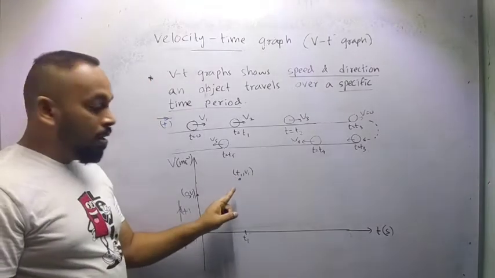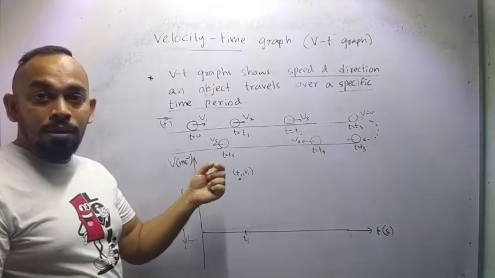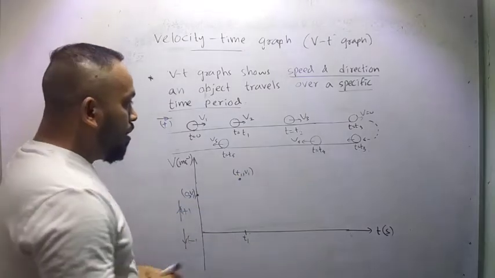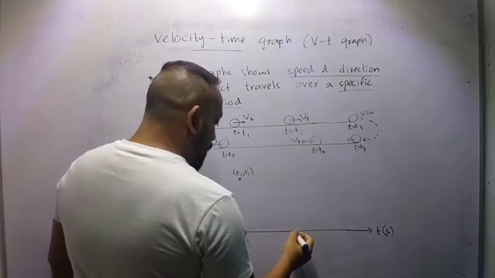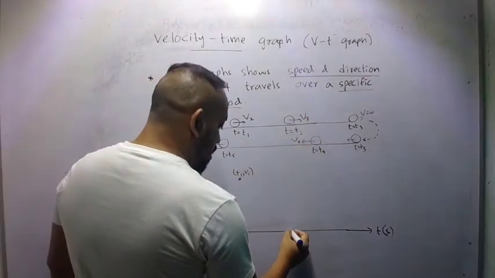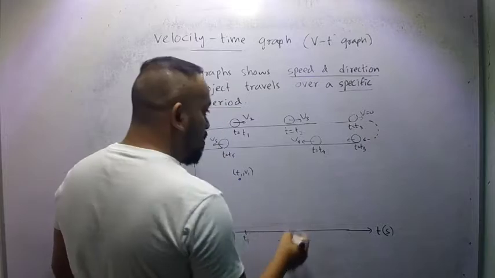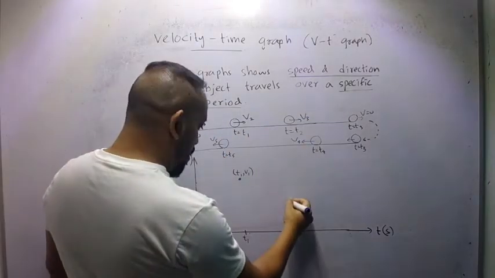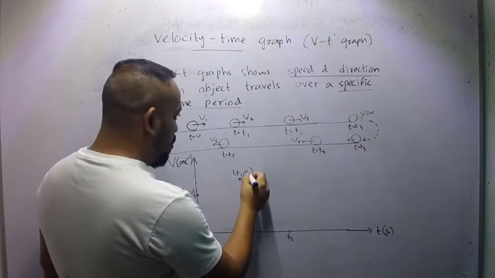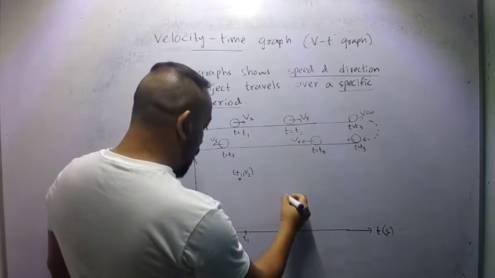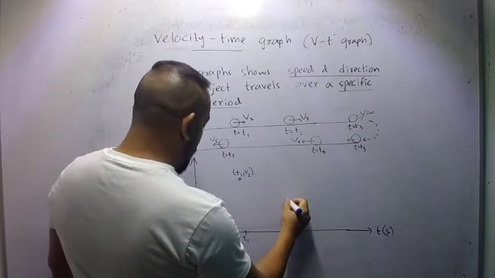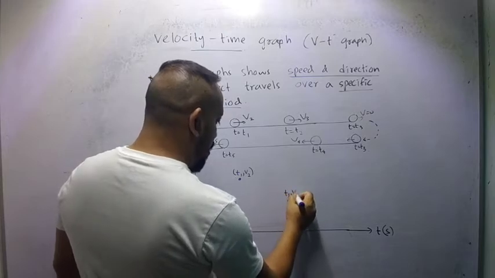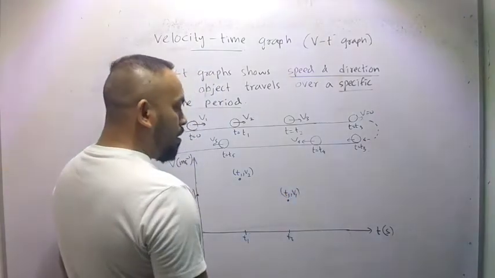You can only plot the points in this Cartesian plane. Then at T2 it's V3. Suppose V3 is less than V1, and less than V2 also. Somewhere here, T2, V3.